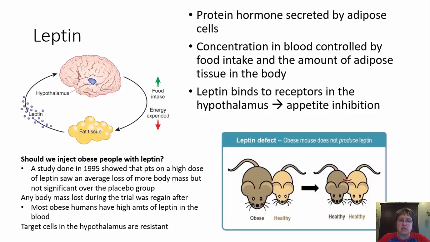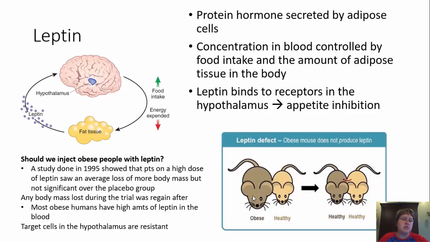So they did a study with mice, and they found that these 2 mice over here, one was a healthy mouse that had no problems, and this one obese mouse, they found that he had a leptin defect, which caused him not to produce leptin, and thus he became very obese. And what they found with this obese mouse that had a leptin defect is that when they injected him with leptin, he lost weight and became very healthy.